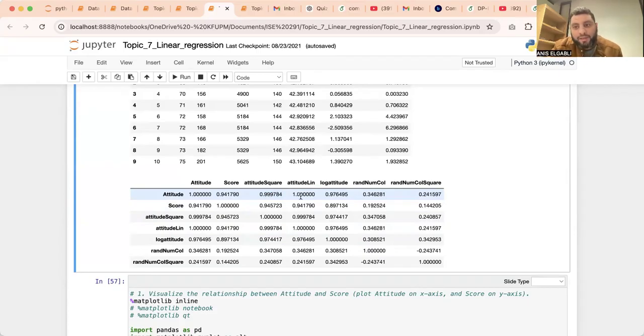If it's 1, then it's a perfect linear relationship. But if it's high but not exactly 1, then maybe you need to look at the scatter plot to see whether on average there is really a linear relationship, or it's some other kind of relationship.